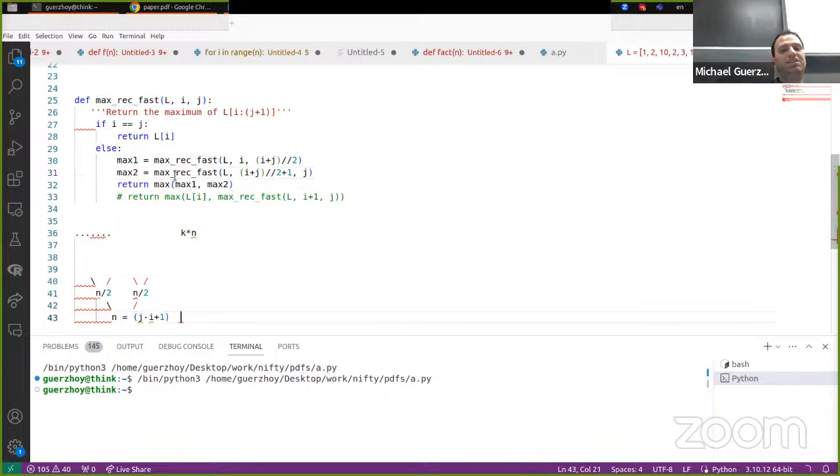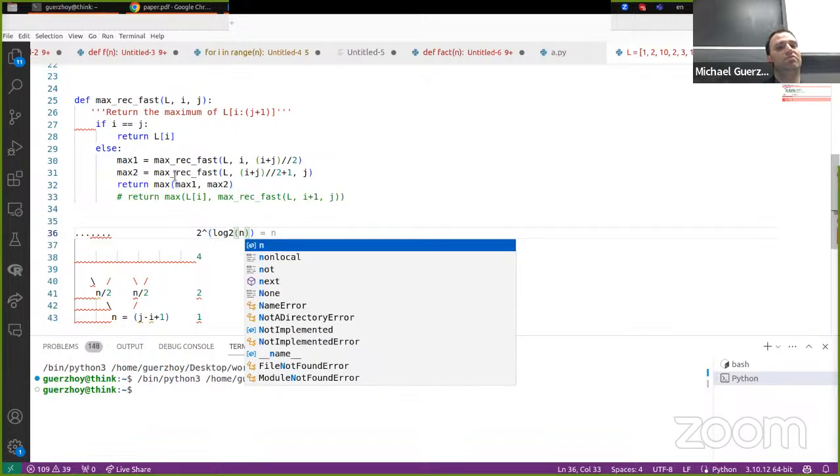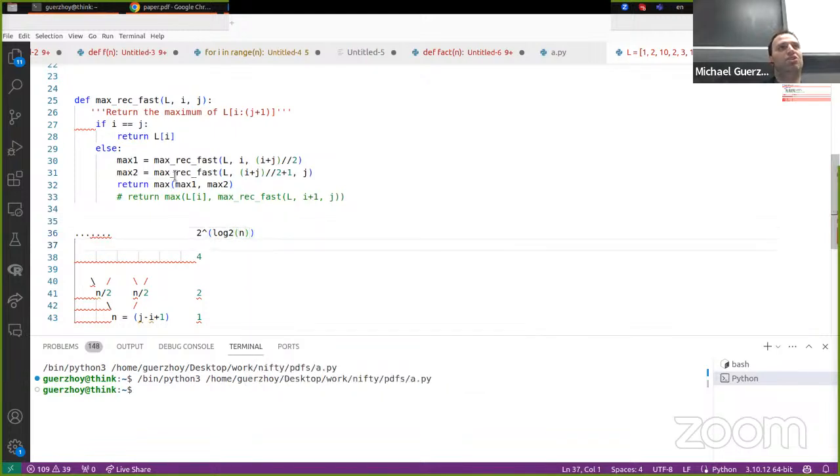So that means that here you have 1 call, and here you have 2 calls, and then you have 4 calls, and so on, up to 2 to the power of log 2n, because you have log 2n steps between j minus i plus 1 being n and j minus i plus 1 being just 1.